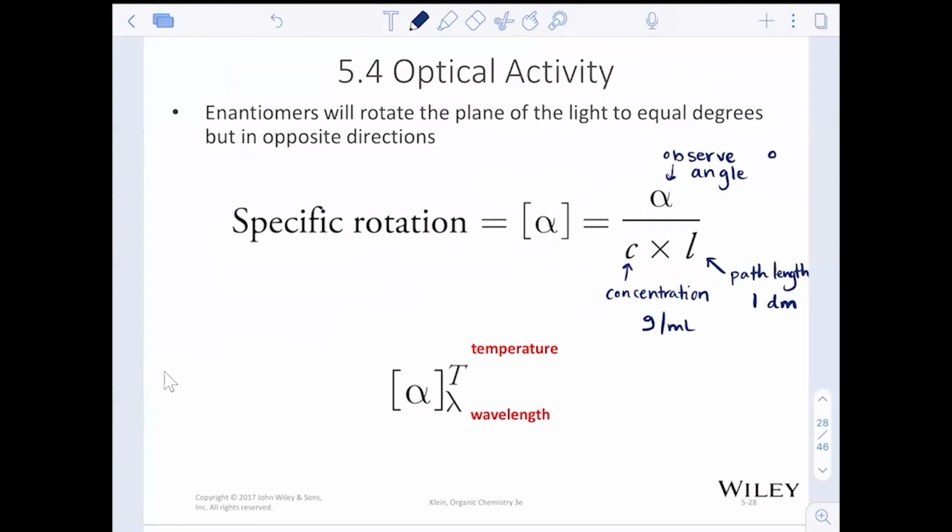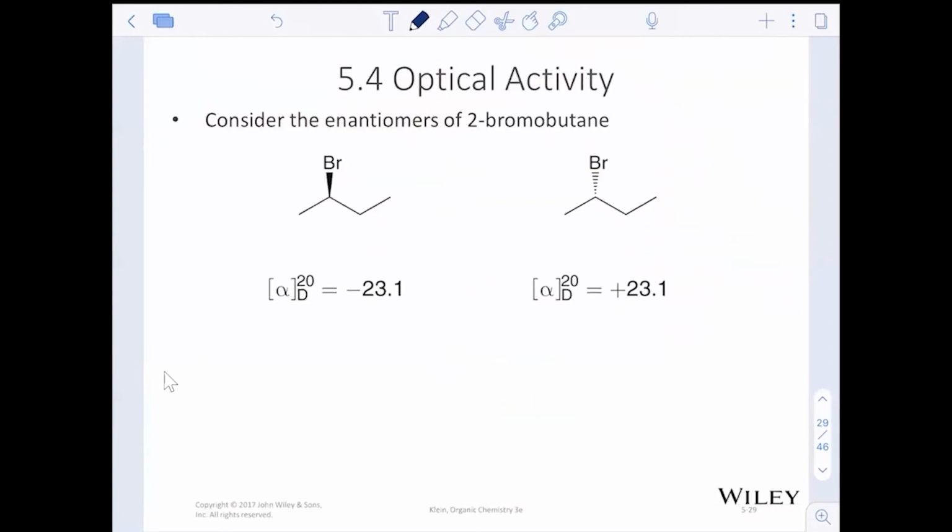That will tell you the wavelength. And then also the temperature. This is temperature dependent, and so changing the temperature actually can change the specific rotation. This is a crazy cool phenomenon. This is how they're usually going to be reported, in alpha D20s, right?